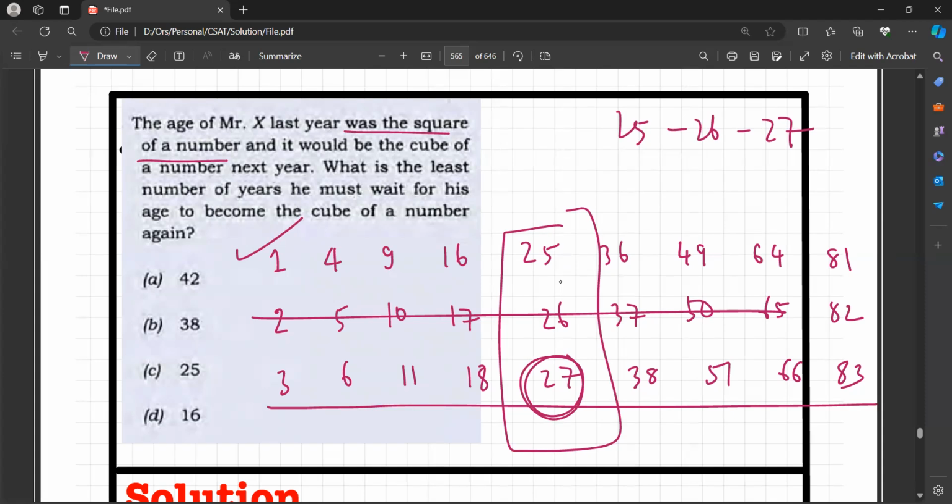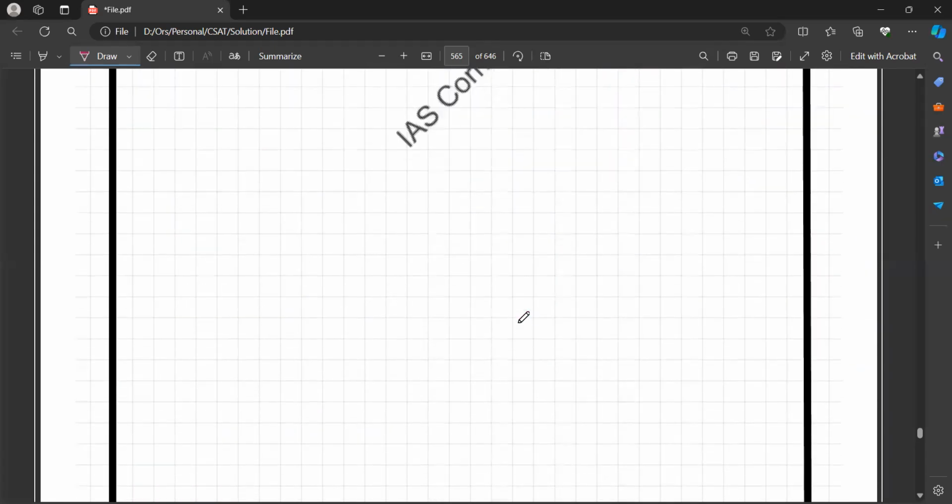The cube of a number after 27, which is 3 cubed, is 4 cubed, which is 64. So from 26 to 64, the difference is what? 38 years. So the answer will be 38. Got it? Let us proceed to the next problem.